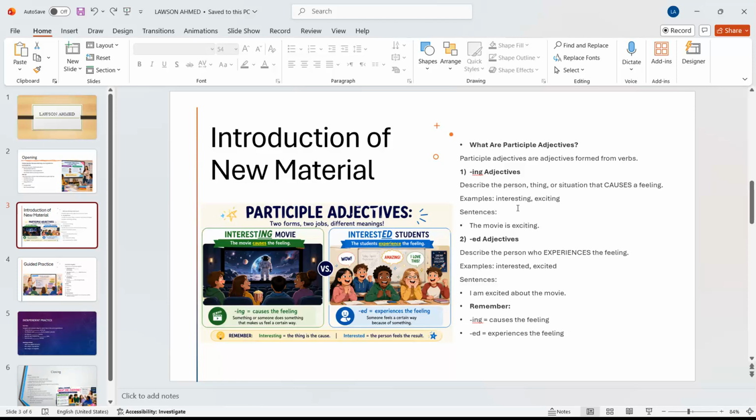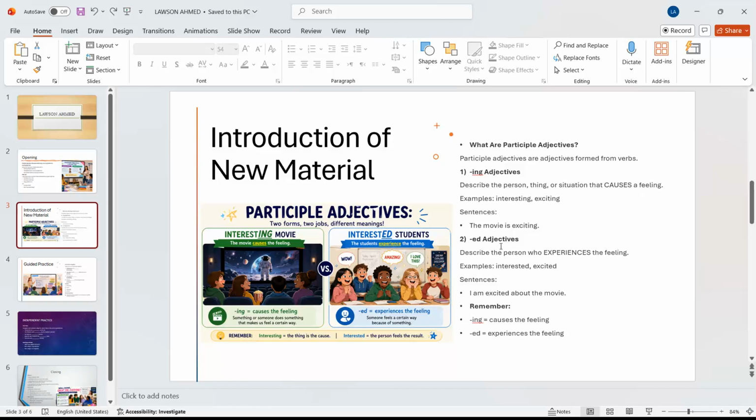For example, words like interesting, exciting. Now, an example of a sentence: the movie is exciting. So, the thing that causes the feeling was the movie. Our participle adjective is exciting. So, ing adjectives cause the feeling.